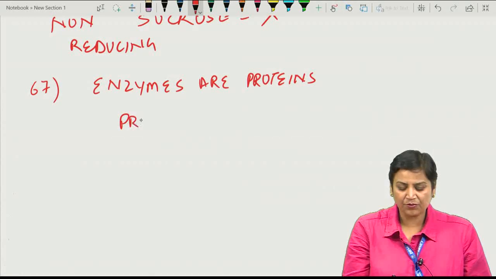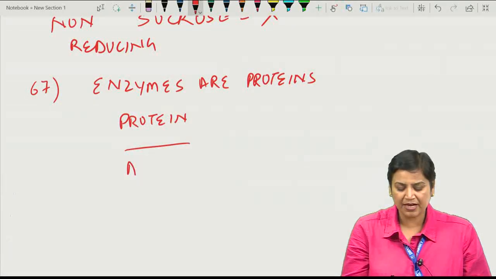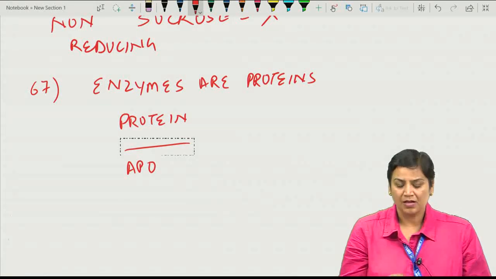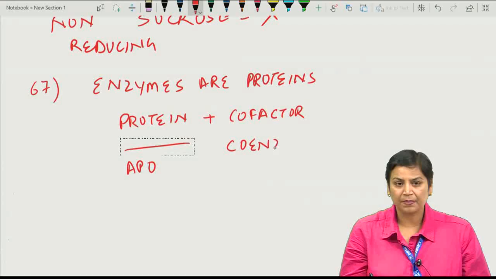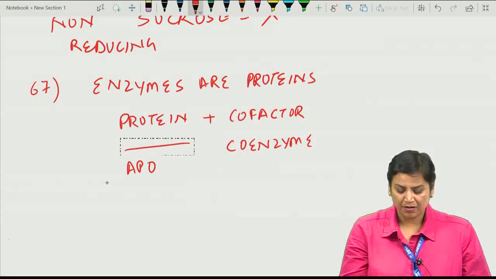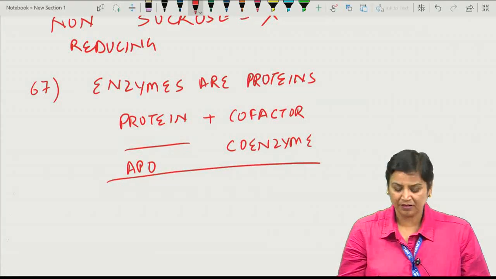Just the protein part is known as the apoenzyme, and when it combines with a cofactor or a coenzyme, it will become a holoenzyme.